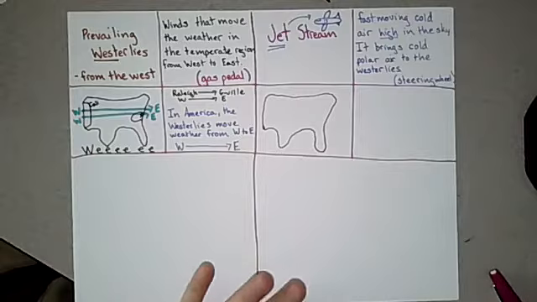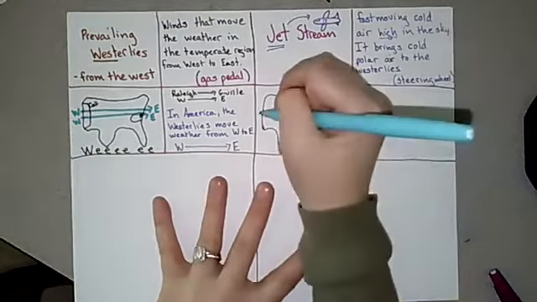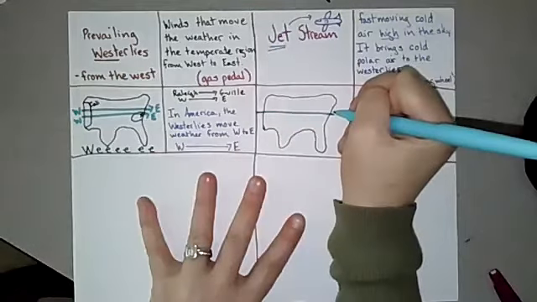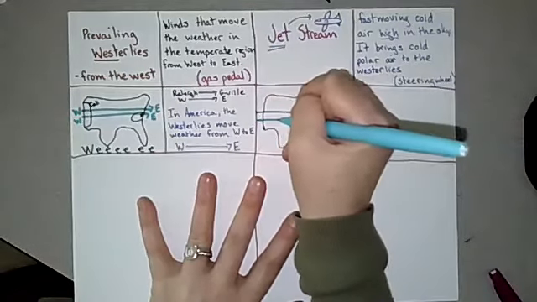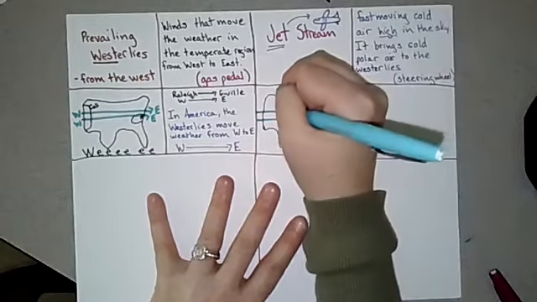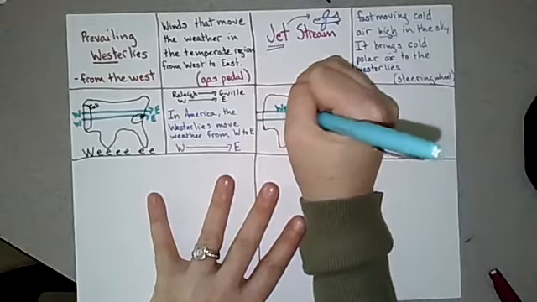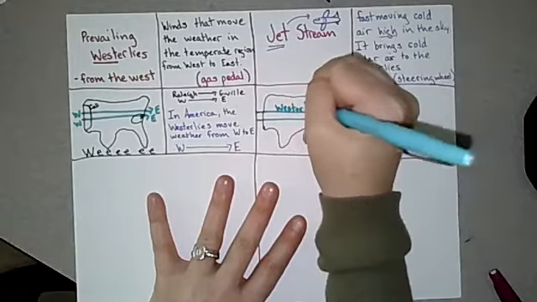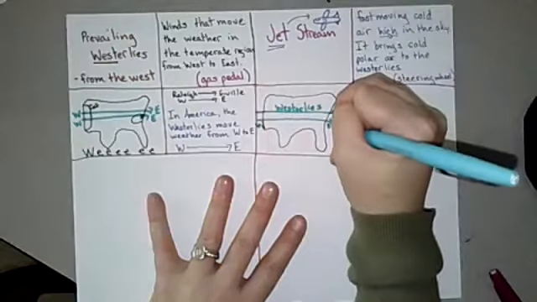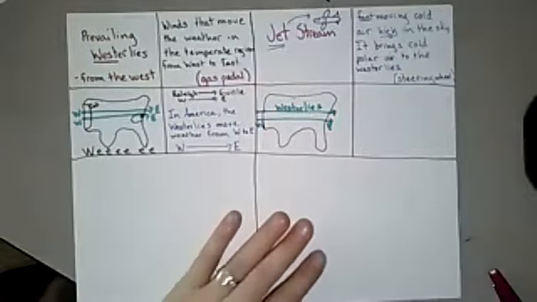Now, y'all know that the westerlies are blowing across America just like this. Draw the westerlies in, and you can even label these with the westerlies. They blow from the west to the east across the nation. Whee!